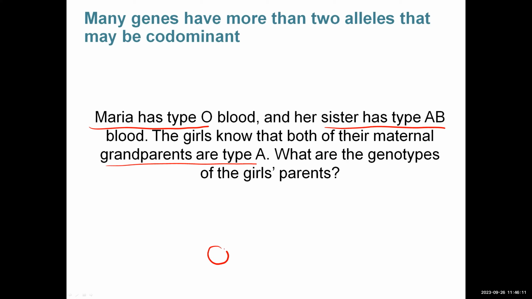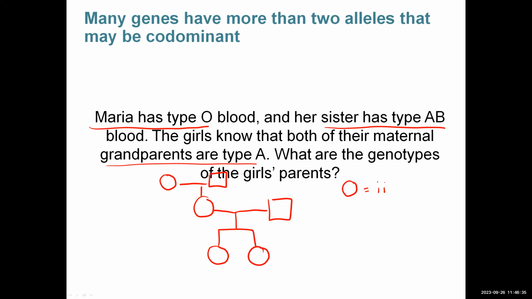Here's Maria and her sister, their parents, and their maternal grandparents. We know that Maria is type O. That means her genotype has to be 2 recessive i's.